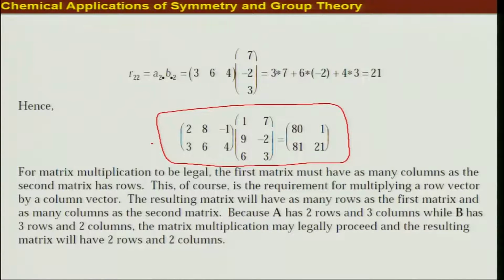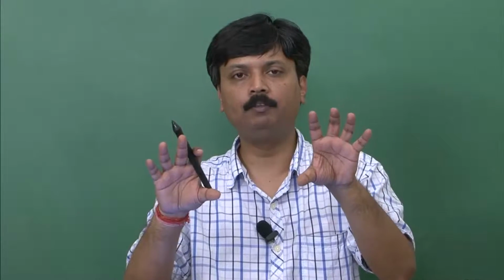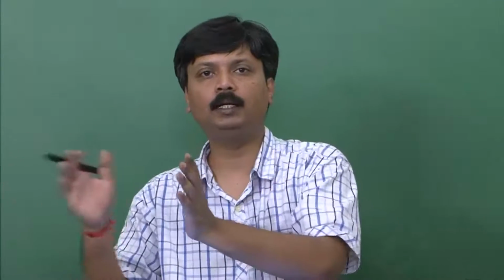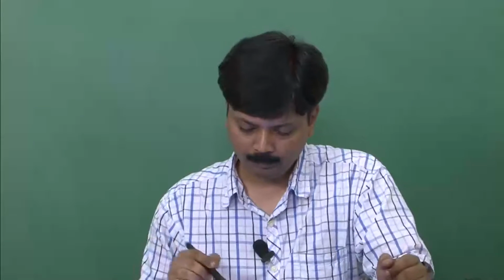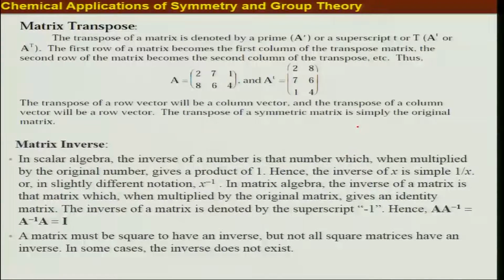So, that is why you are getting this 2 by 2 matrix, because the first matrix had 2 rows and the second matrix had 2 columns. So, the number of rows of the first matrix and the number of columns of the second matrix will give you the total dimension of the resultant matrix. Okay, so that is about matrix multiplication.